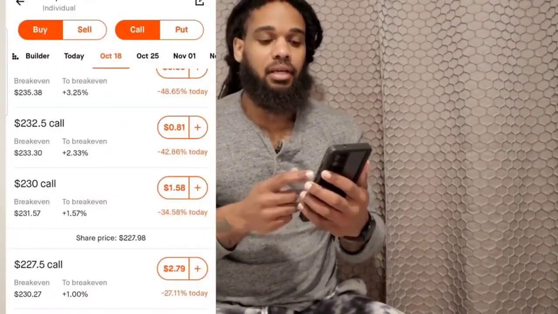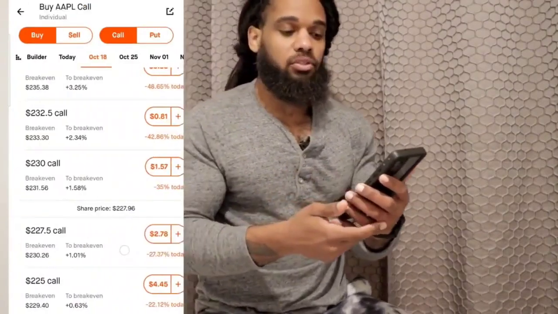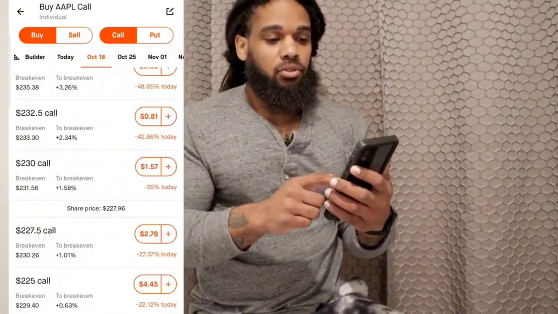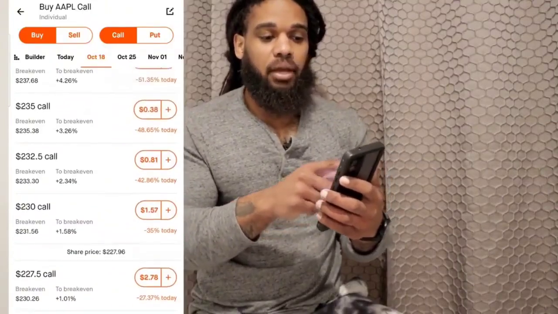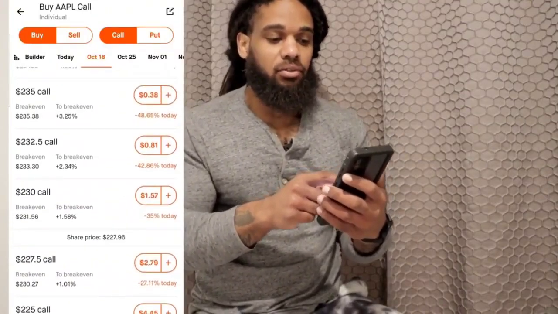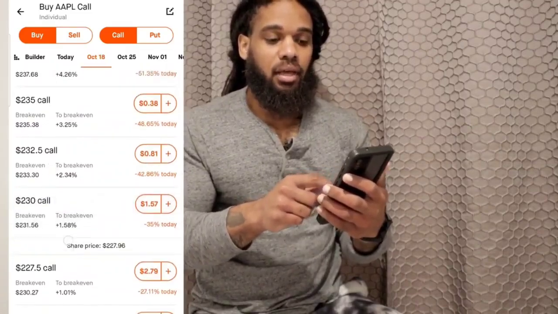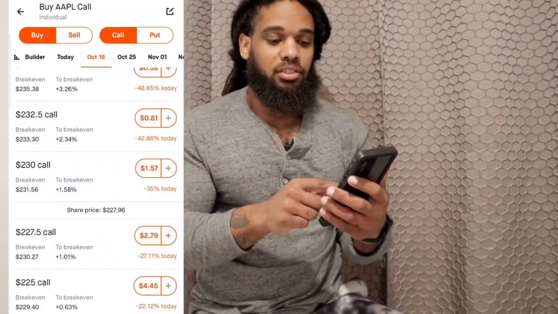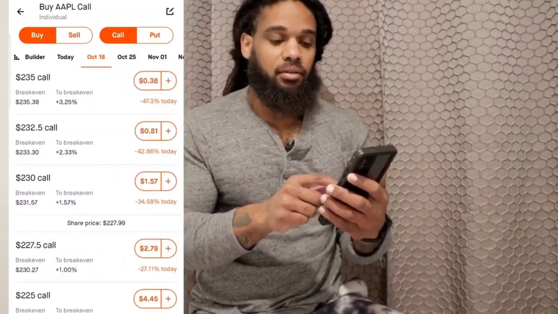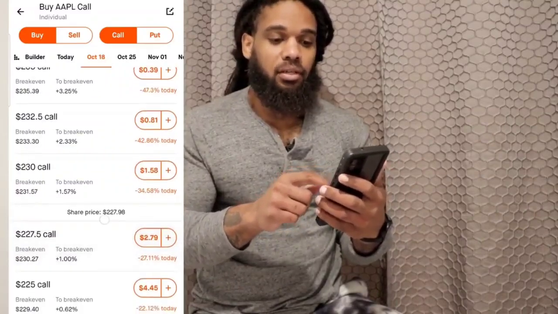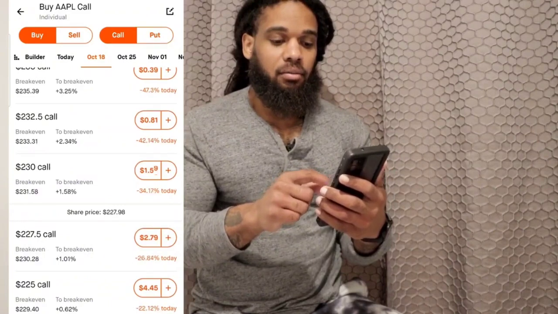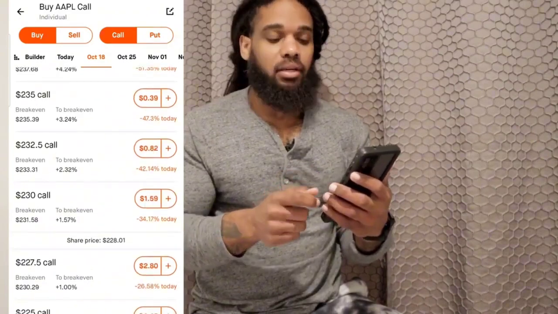Once you click on the expiration date that you want, you're going to see the strike price on the side over here. You can see the strike price right here, and you can also see the share price right here. You can also see the cost for each strike price.